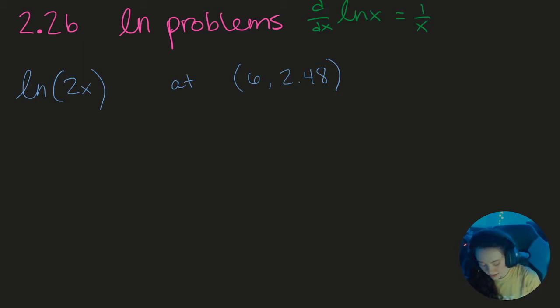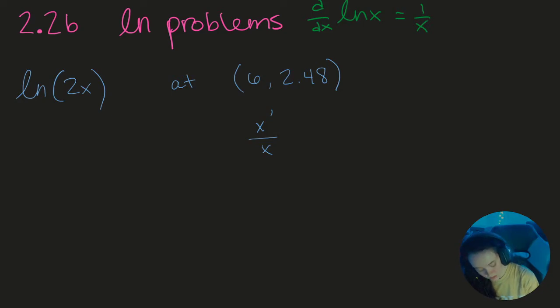So, f of x is ln of 2x. And then you take your derivative of that. Well, the derivative of that is just going to be, you're going to do x prime over x in this case.